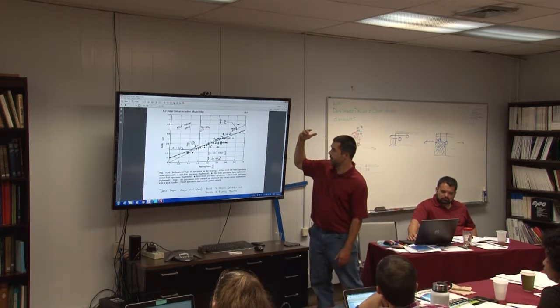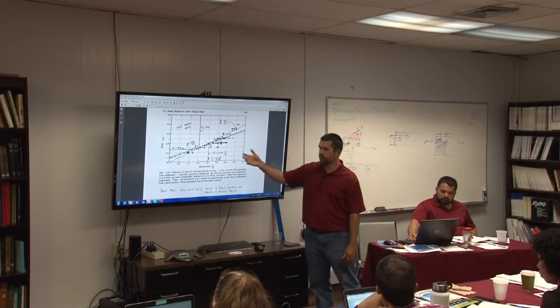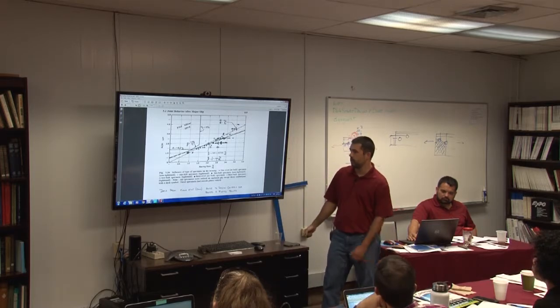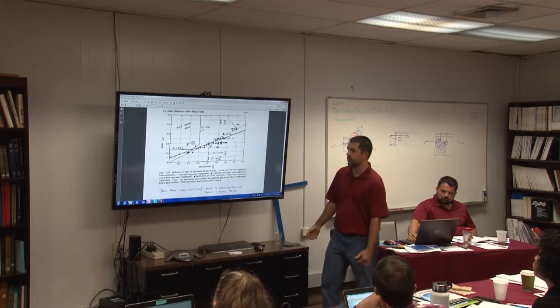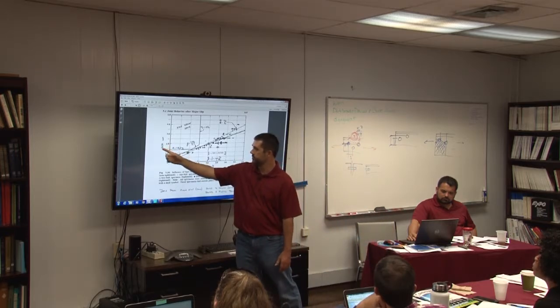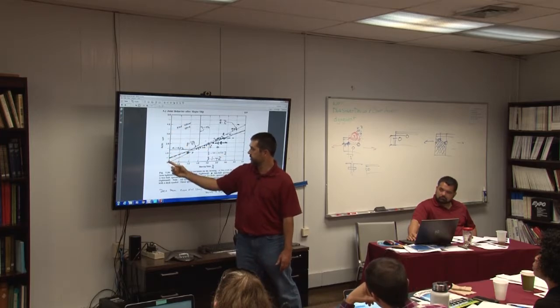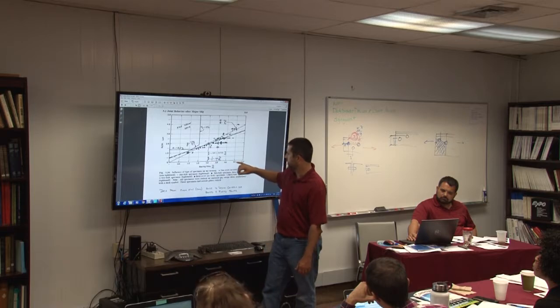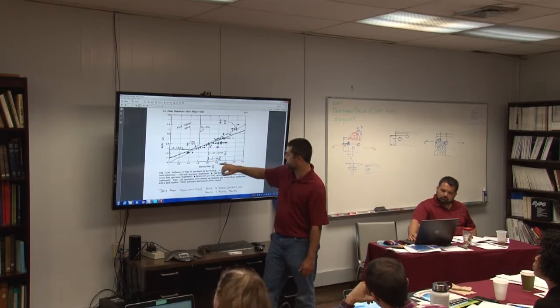This is basically a plot of testing data of connections that fail. What we're looking at here is the end distance divided by the diameter, and basically the ratio of bearing stress to, I think, the failure load.